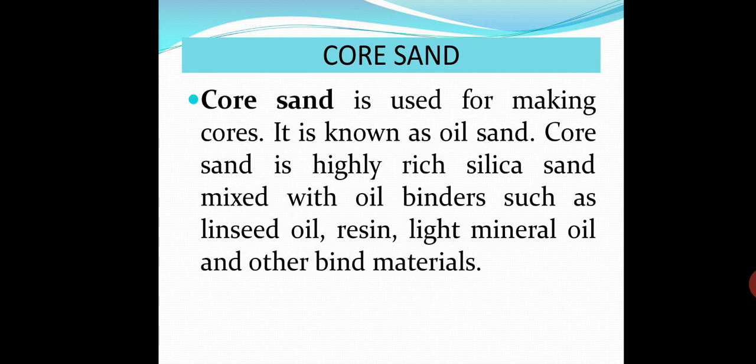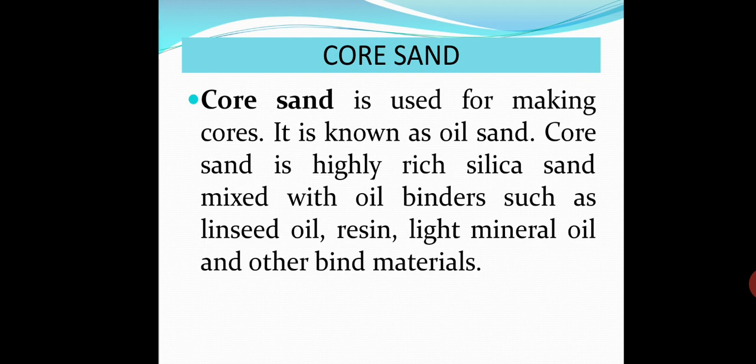Next is core sand. We have already discussed what a core is. Core is made up of sand, so the sand which is used for preparing the core is known as core sand. It is also known as oil sand because oil binder is mixed with silica when we are preparing the sand for core material.